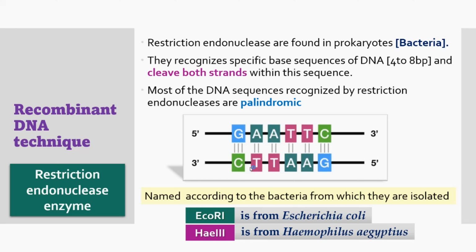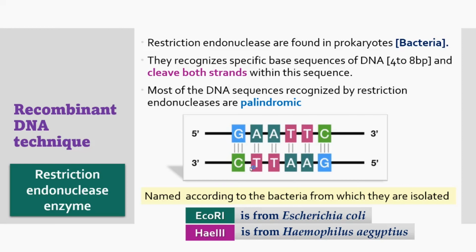So the names of these enzymes: there are many enzymes. The first restriction enzyme isolated from bacteria was isolated from E. coli or Escherichia coli. We call it EcoRI. Like that, HaeIII, that is isolated from Haemophilus aegyptius.